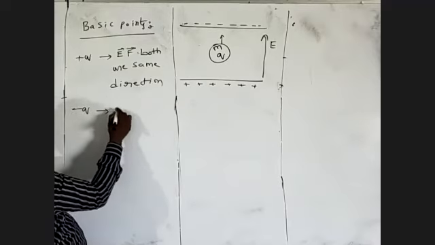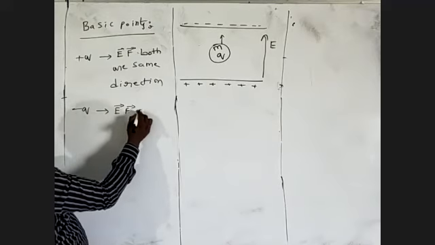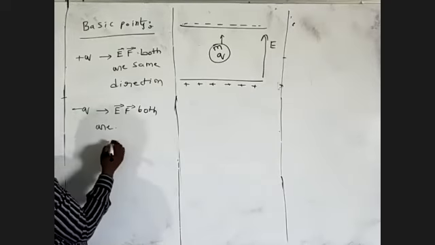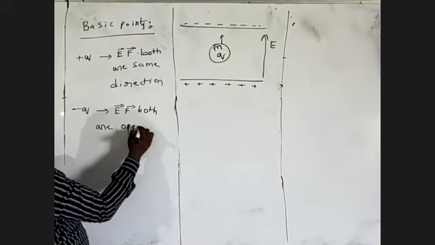For a negative charge, E bar and F bar are in opposite directions.